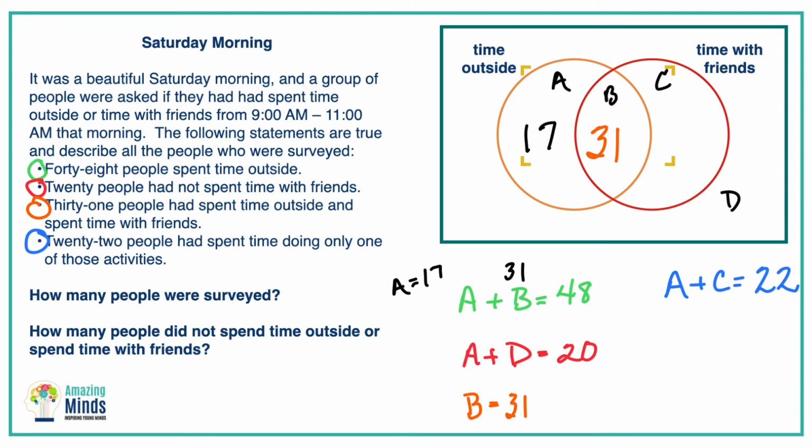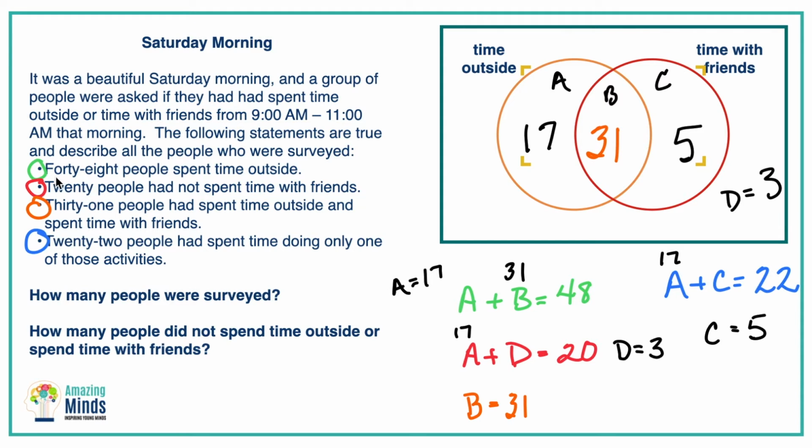If A is equal to 17, then I can substitute those values in both of those equations. So that lets me know that D is equal to 3 and C is equal to 5. So now I've completed my Venn diagram.